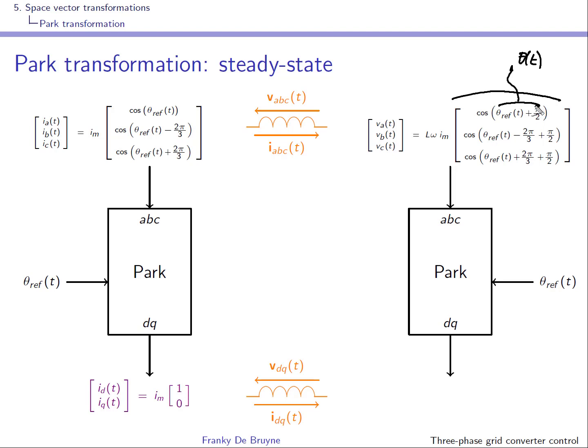So this quantity here is my phi, and we have seen previously that if we take the Park transform with the reference angle theta ref, we'll have something that is along only the q component, and this is indeed what you have. So you see that the current is along the d component and the voltage is along the q component.